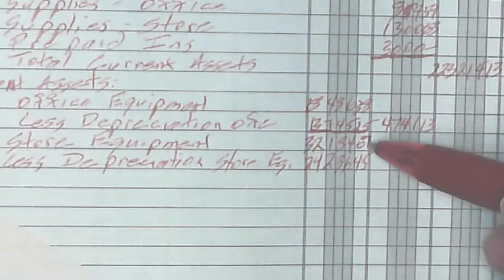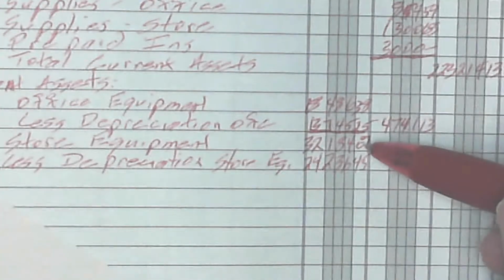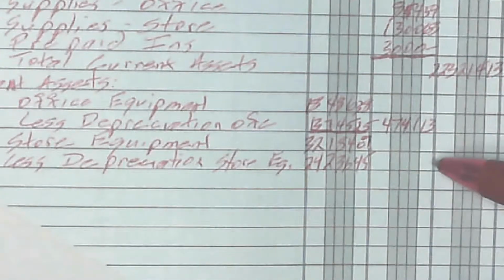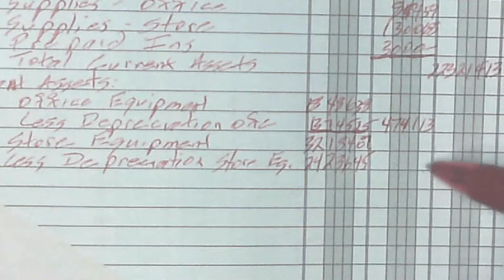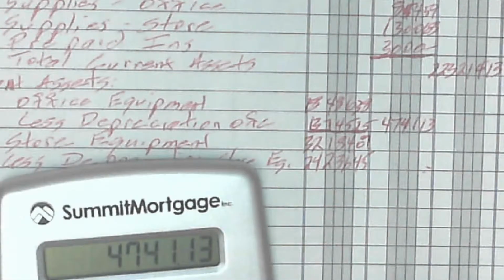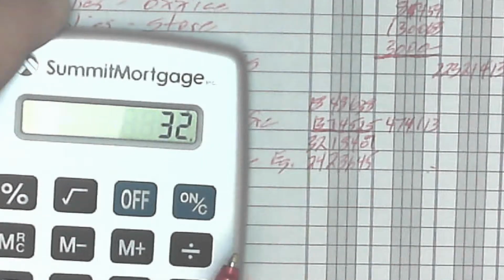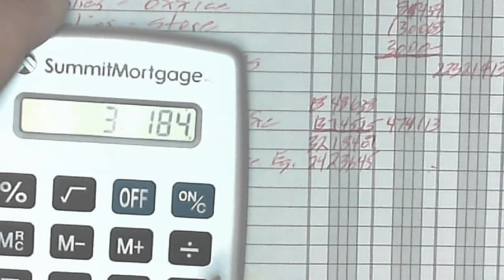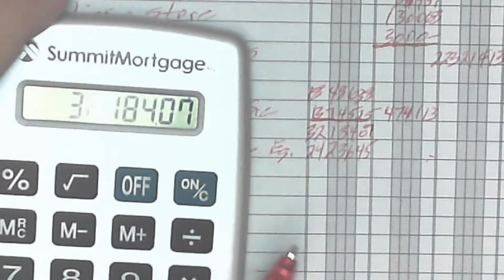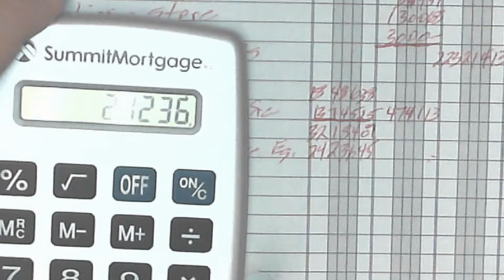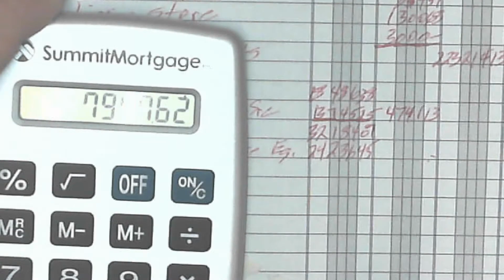So once again, we're just going to subtract the depreciation from what the original cost was on the store equipment. Put that amount right here in the middle column. $32,184.07 minus $24,236.45.